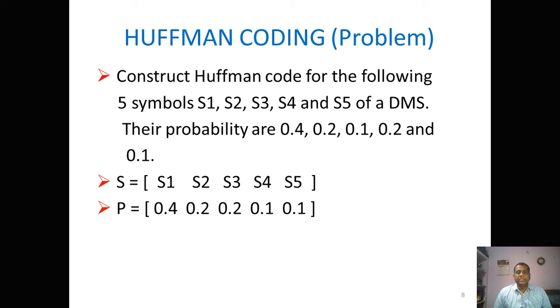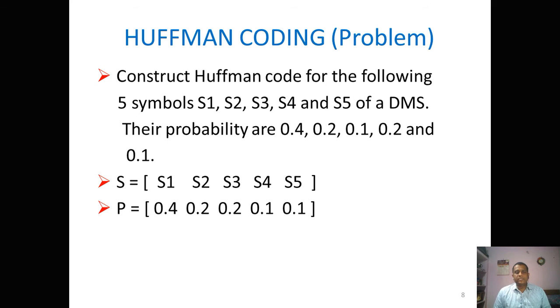Here, construct a Huffman code for the following 5 symbols S1, S2, S3, S4 and S5 of a discrete memoryless source, where their probabilities are given in random order in the question as 0.4, 0.2, 0.1, 0.2 and 0.1.